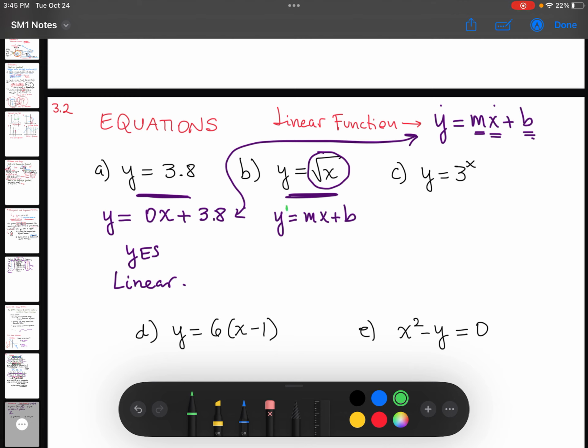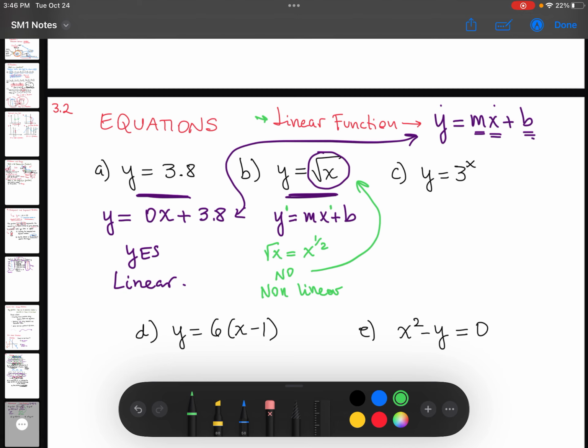The exponent of y and the exponent of x both are 1. When you do a square root, you are immediately changing that value. Square root of x is actually x raised to the power of 1/2. It means that I cannot write this equation in the form of a linear function, which means that I conclude that this is a non-linear function.